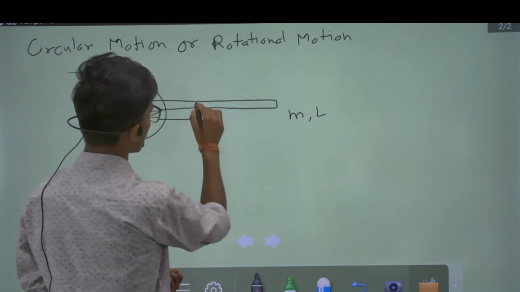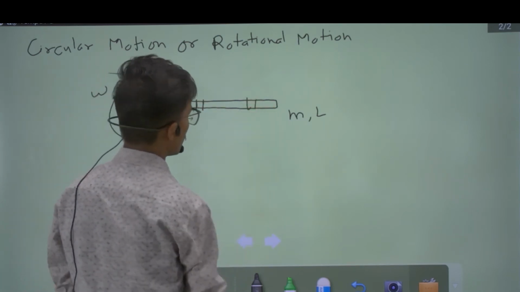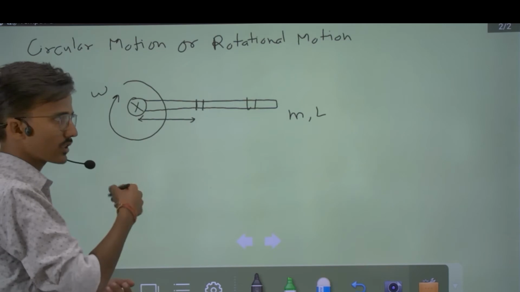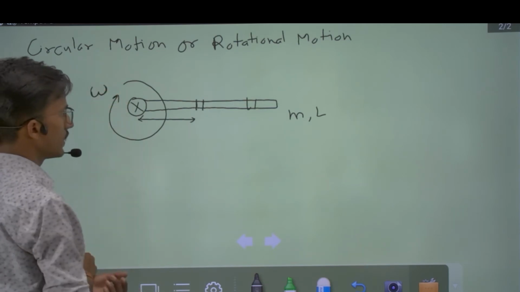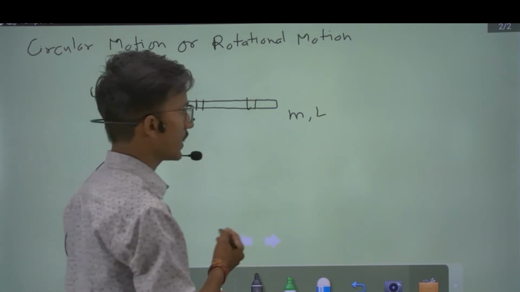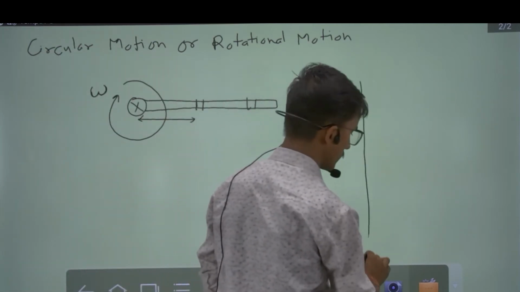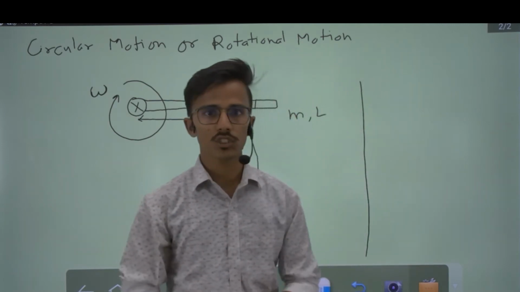If I take a particle here and another particle here, how do we calculate the velocity in circular motion? If angular velocity omega is given, the velocity will depend on the radius. We have already studied this in circular motion, before rotational motion.